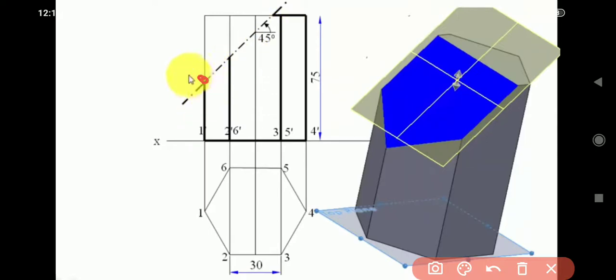So this point is considered A, and over this point B and C are taken, and those can be represented on 2 and 6 lines. And when you come to the next point, that is D and E, this D and E can be seen on the top edge, so you can get them by extending one of the lines onto the top view diagram. So these are the D and E points.